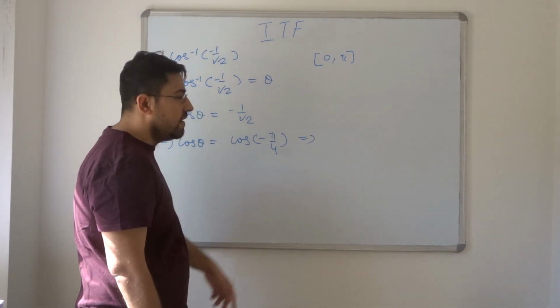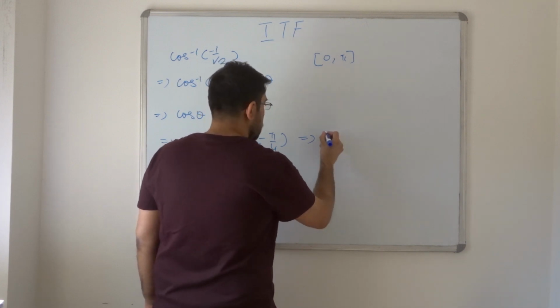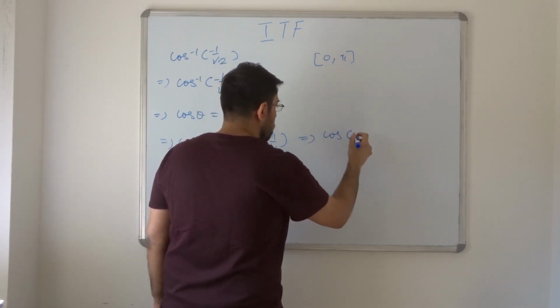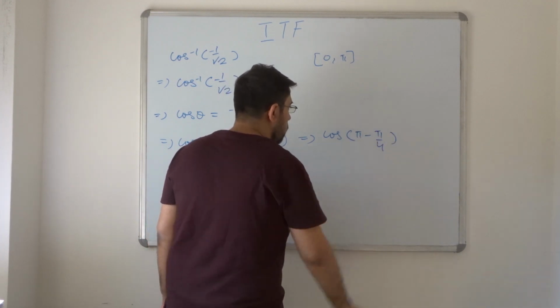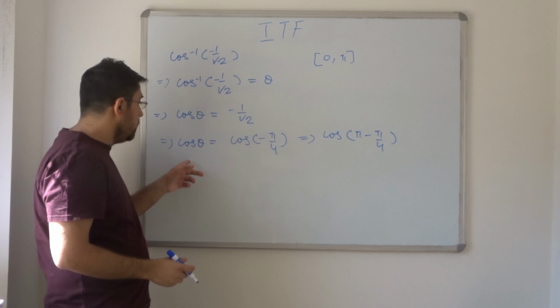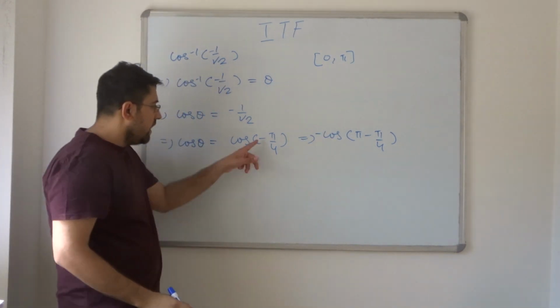So now, guys, the next step is this. You have cos pi by 4. But now remember that let's take out the negative which is here.